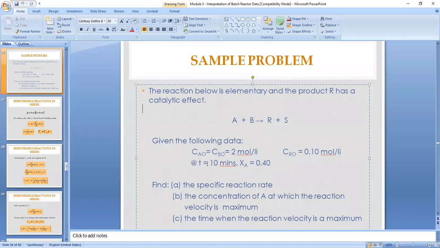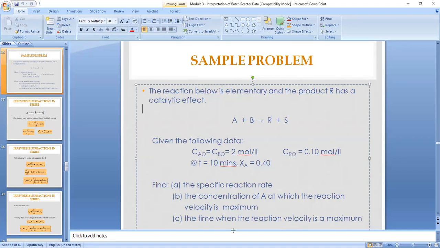You're given the initial concentrations for A, B, and R, and at time equal to 10 minutes, the conversion is 40%, or 0.40. You are to find the specific reaction rate, the concentration of A at which the reaction velocity is maximum, and the time when the reaction velocity is maximum.